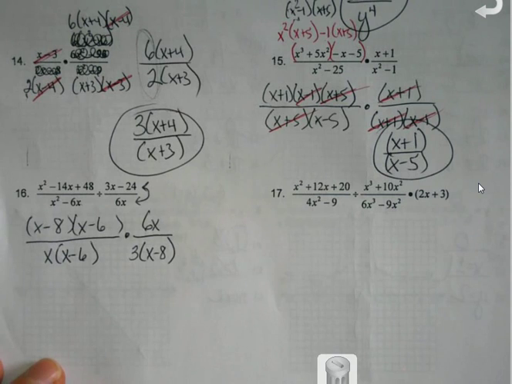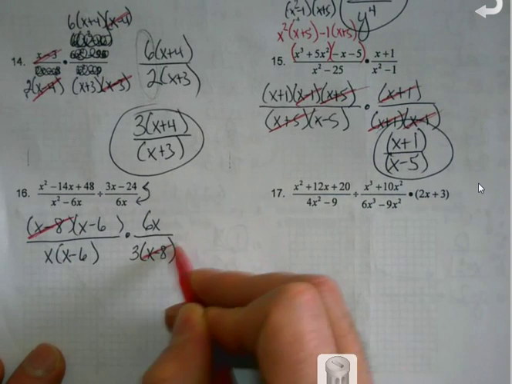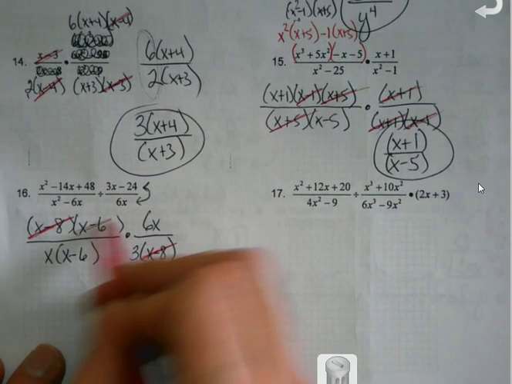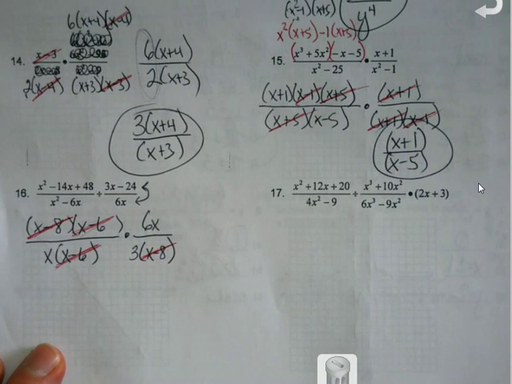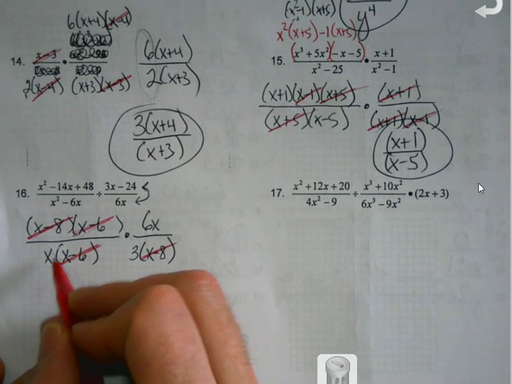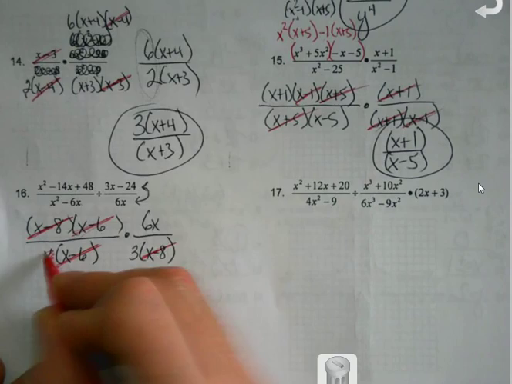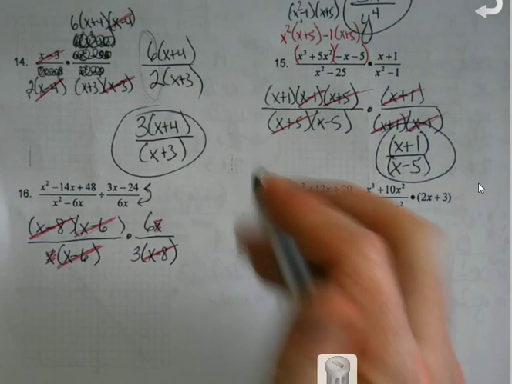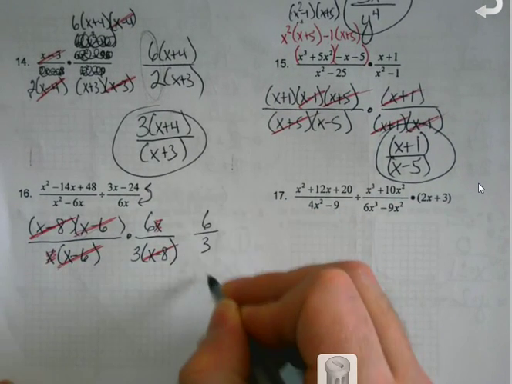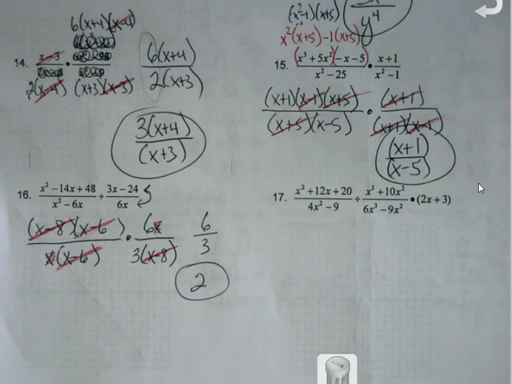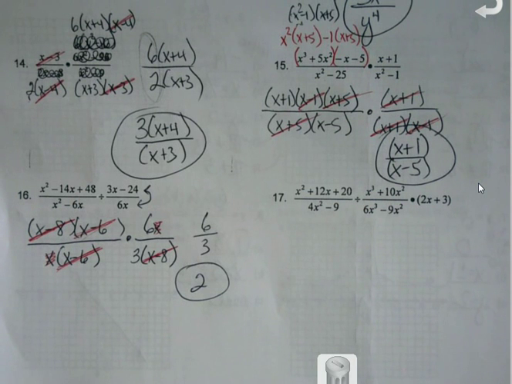So I get here and I say, okay, whack the x minus 8s, whack the x minus 6s. I even can whack the x's, and I just end up with 6 over 3, really, out of all that, 2. That's kind of nice.